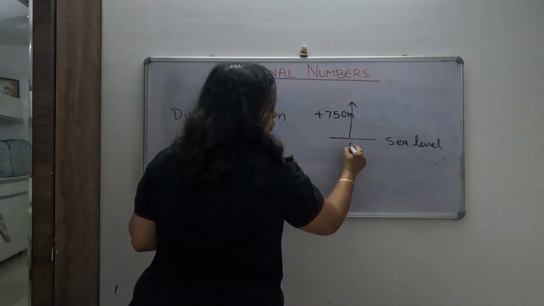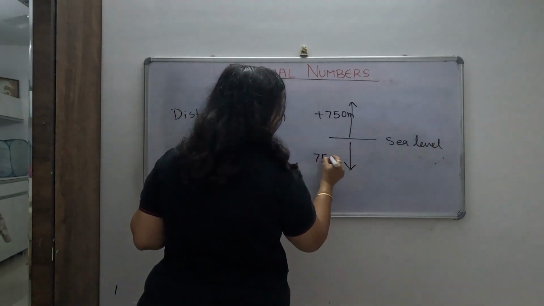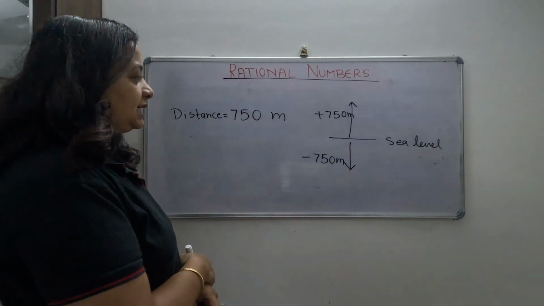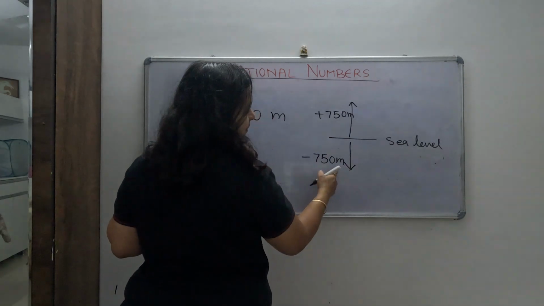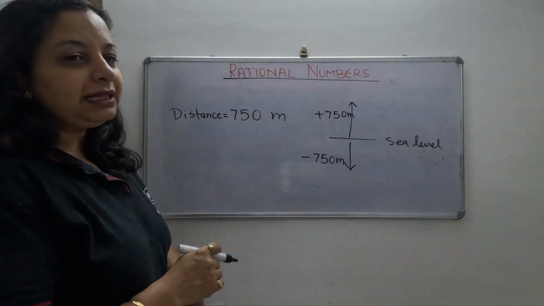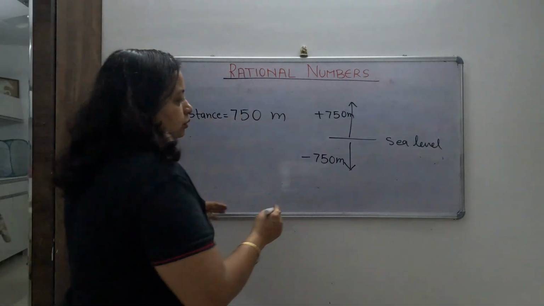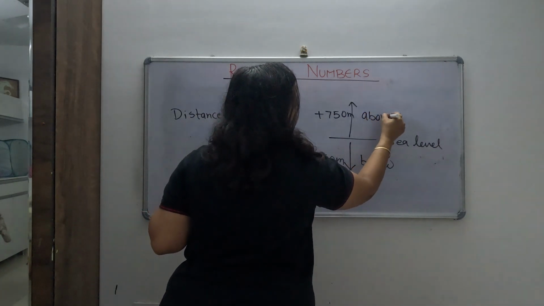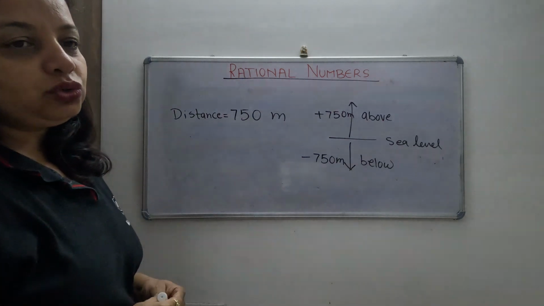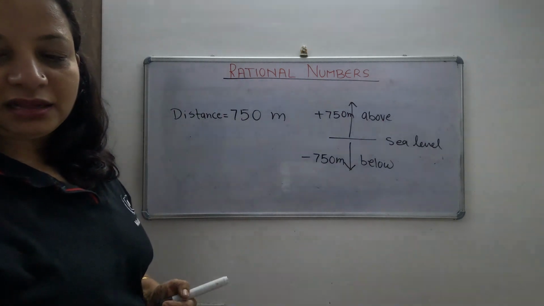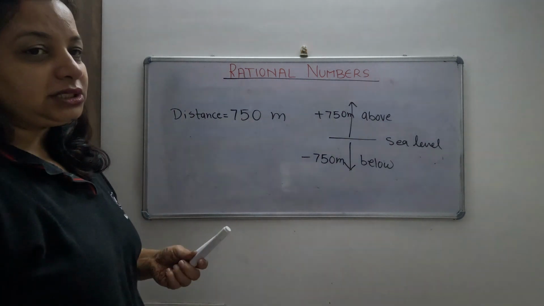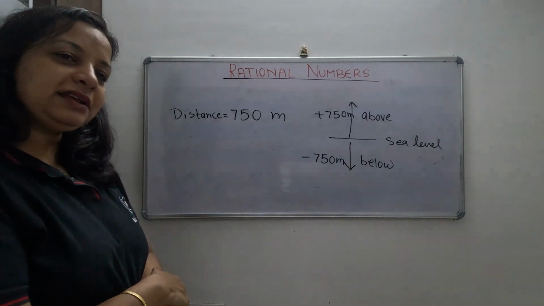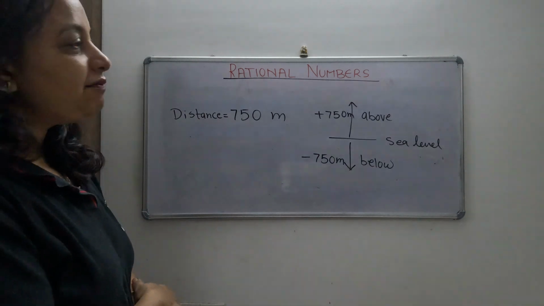No. As of now, if we have to represent 750 meters below the sea level, you can denote it by the negative sign, because we are going below the sea level, and this is above the sea level. But the same thing, if we need to represent it with fractions, can you do it? No, because we don't have any negative fractions. We have the positive fractions only.